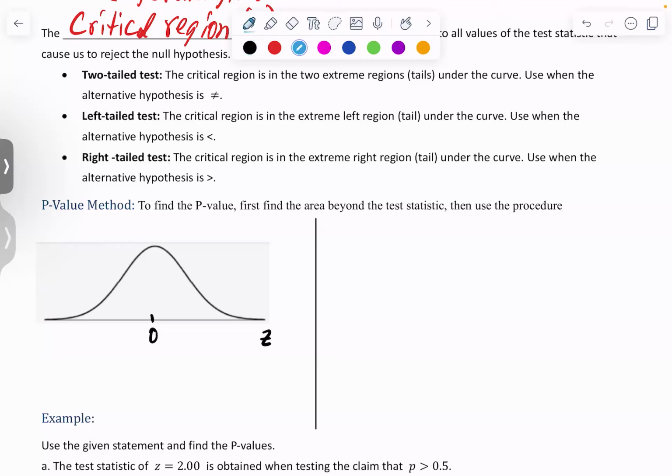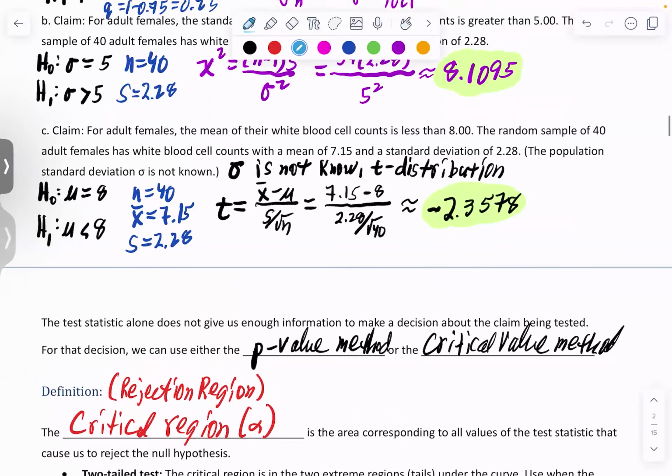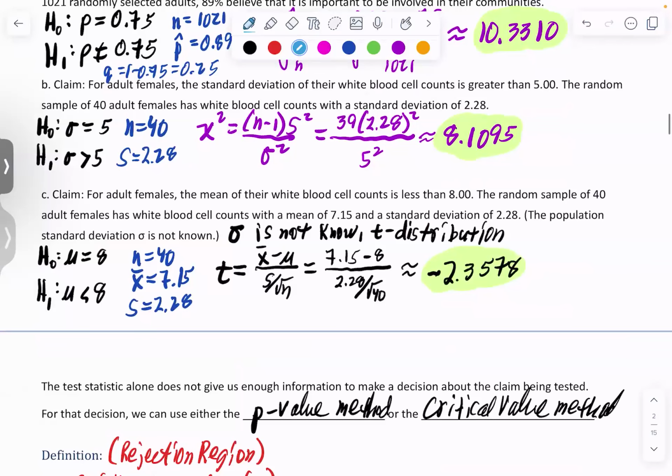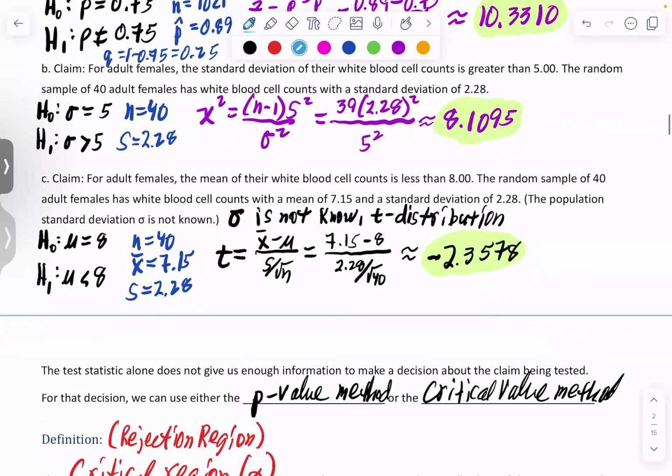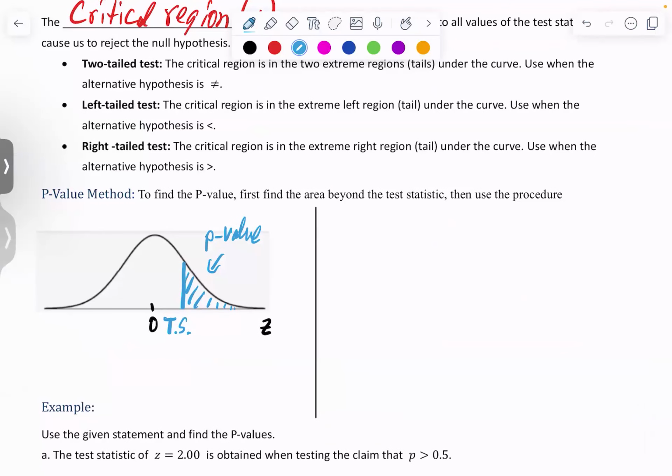And what I'm going to do is call this the p-value. It's the area under the curve. And this down here is your test statistic. So we just found a bunch of test statistics: negative 2.3578, 8.1095, 10.3310, and so on. So that's our test statistic, and it's the area to the left or right of the test statistic.